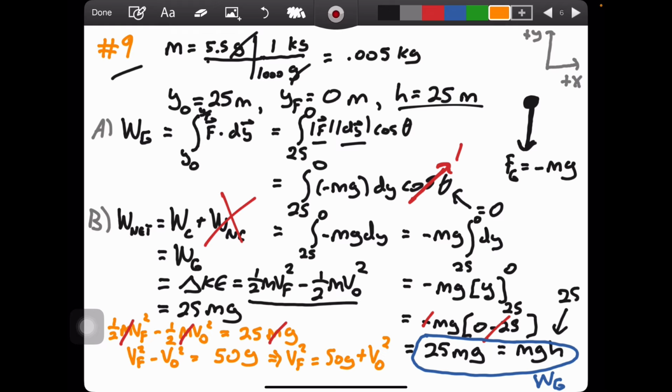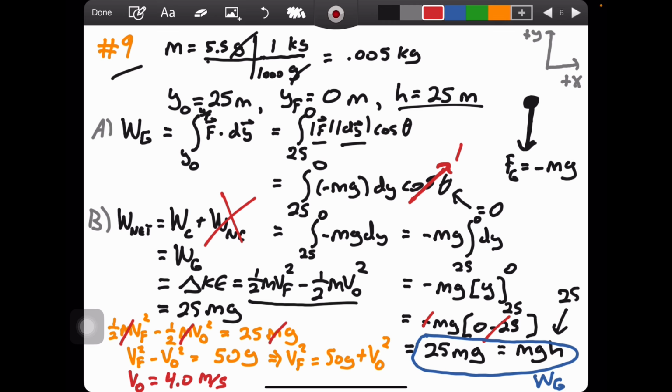In this problem, we are told that v initial is equal to 4.0 meters per second. I'm going to do one more step, and I'm going to leave you to plug in the numbers.